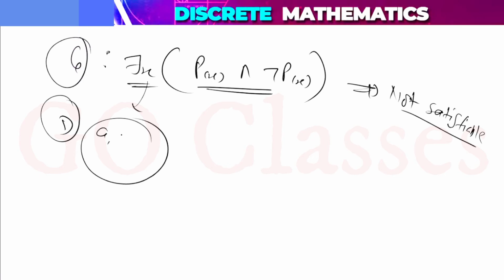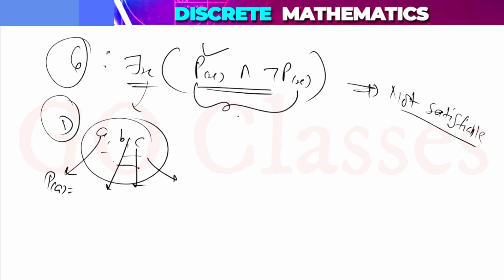So if you take any non-empty domain, whatever interpretation of P you define, whatever Px you take and whatever domain you take, you can see that for every element this will definitely be false.